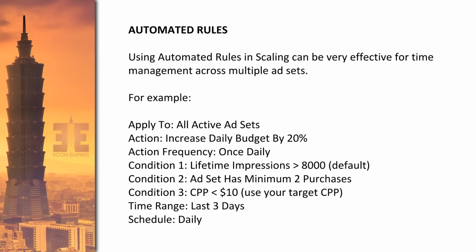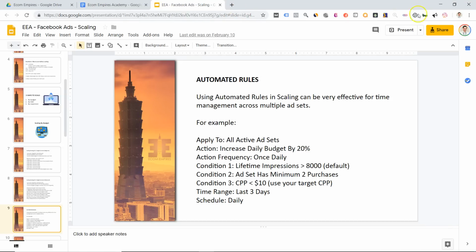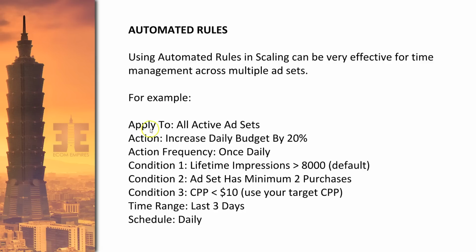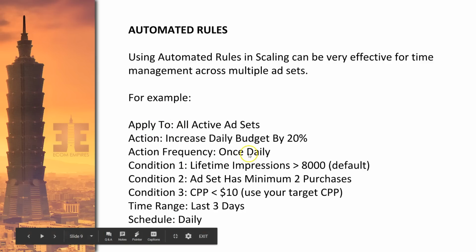All right, so this is how you would set it up. I don't have the ads manager open, but you can see this right inside the ads manager itself. You'll see where you can create a rule, and the way I have it set up is exactly how you would set it up inside there.